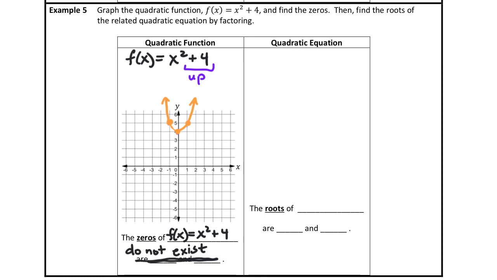And so on the right side, we would take the function x squared plus 4, set it equal to 0, and try and factor. Okay, does it have a GCF? 1. Okay. Is it a difference of squares?